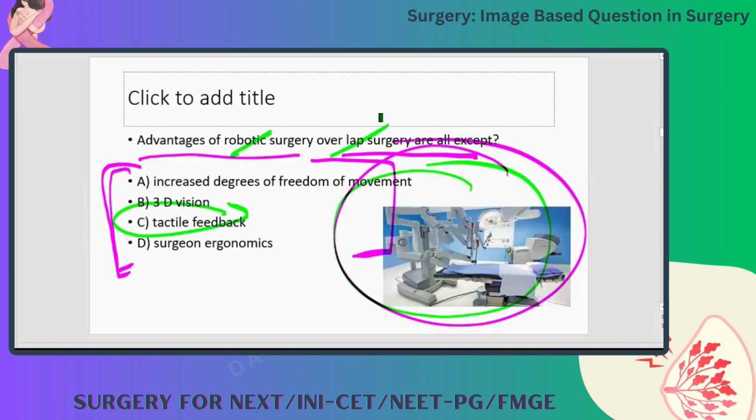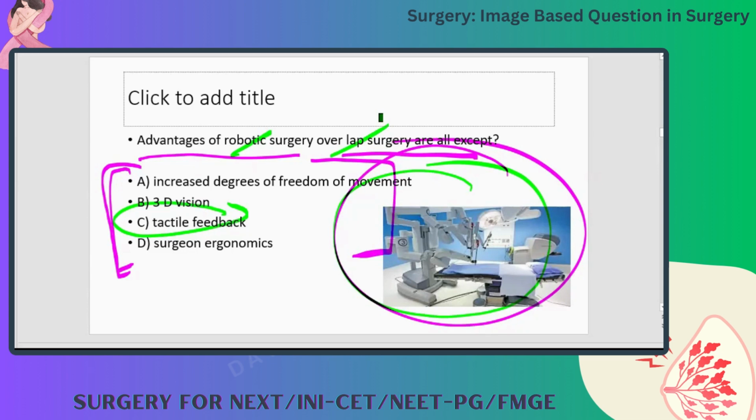And this you have seen: laparoscopic instruments. They are like long rods. There are only two ways of freedom. You can move like this, or like this. But in robotic arms, you can move just like your wrist. There are 7 degrees of freedom, you can move as you want, and you can rotate also. Suppose this pen is a lap instrument: it can move only this way and this way.